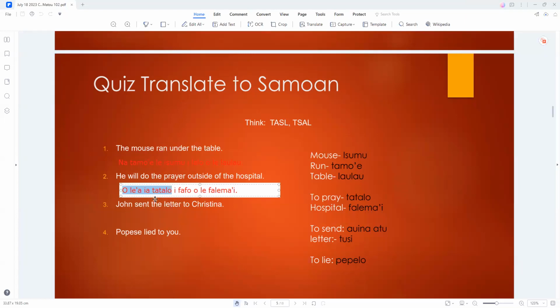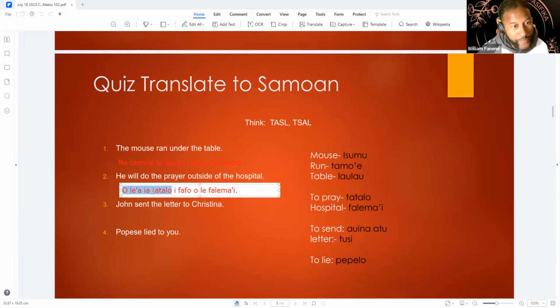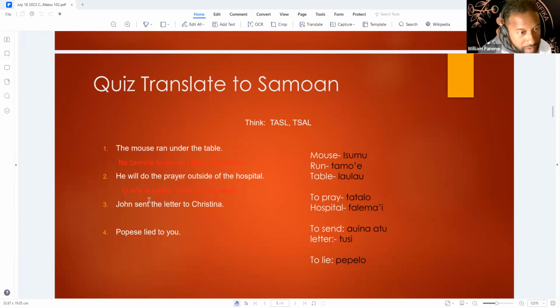And then okay, wait. I did miss so a fight. I should have put that over here. That's my fault. He will pray. Either way we can do it like that. You might hear people say filet talo. That's my fault. I should have put that in there. But people will say it like this as well.